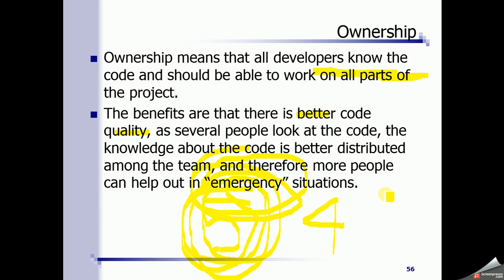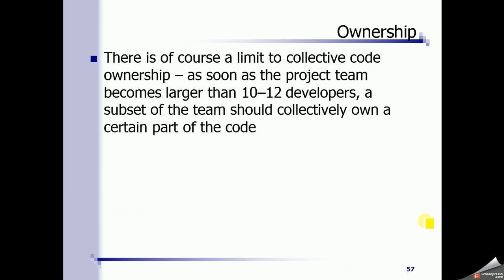So let's say if only one person knows about the code, and we have an emergency situation and this guy is not available, he is sick, he is on leave, then there's nobody to take care of the code. So in this way, more people can help in the emergency situations.